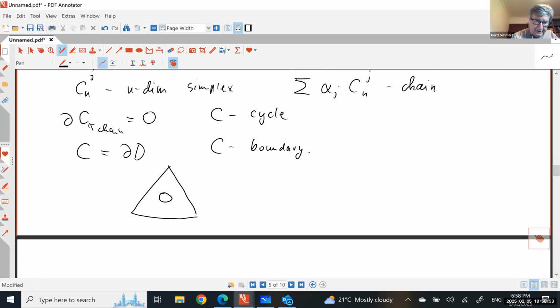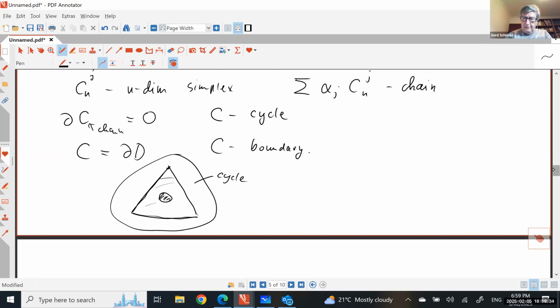But our manifold has here a hole. So the manifold is something like this, and we have these three things. We have a cycle. This is a cycle. But it is not a boundary because it does not bound a triangle on my manifold, because the triangle which it bounds has a hole. So it's not a triangle. This is a cycle, but not a boundary.